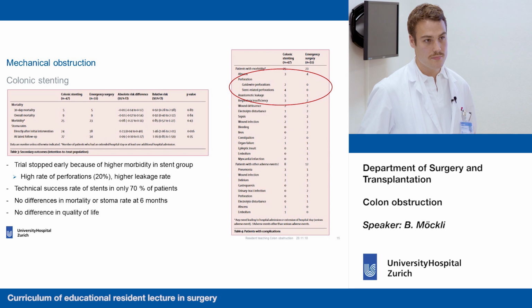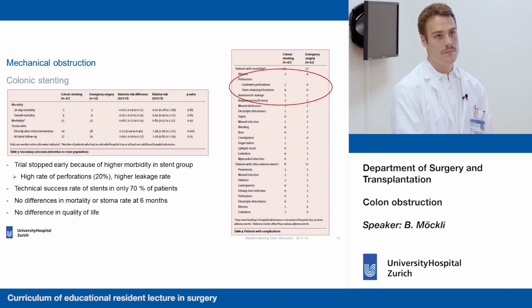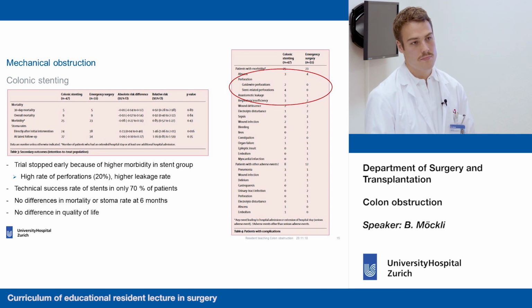So this treatment has largely been abandoned. There are very rare cases where patients cannot be operated or have an anticoagulation that cannot be stopped or anything like that. Then stenting can be an option, but that is very rare.